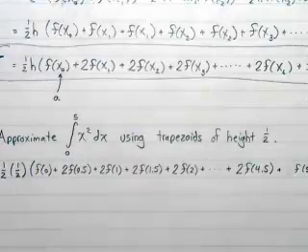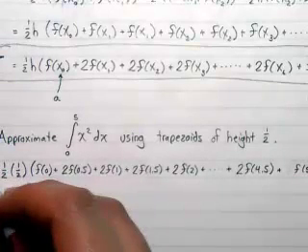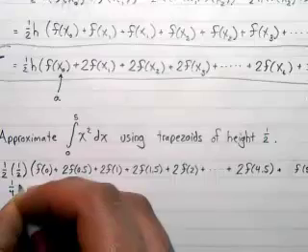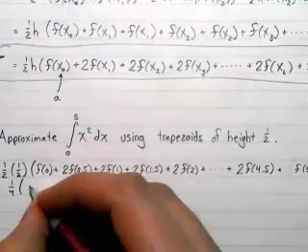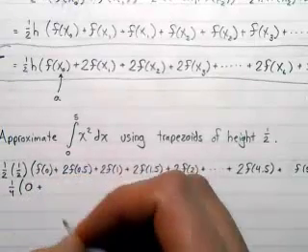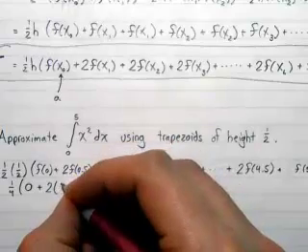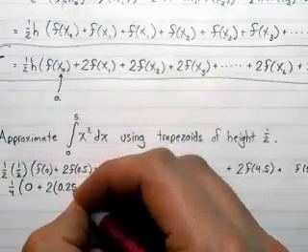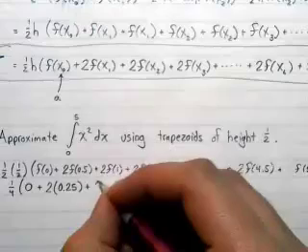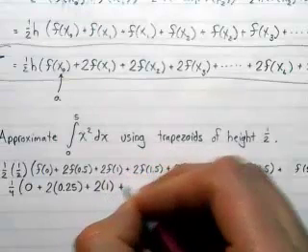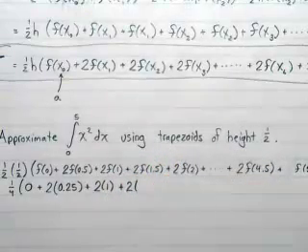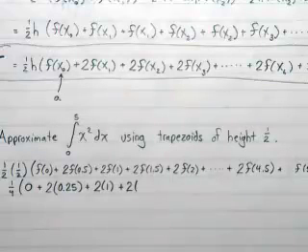Start evaluating x squared for these different values and just start plugging in there. So it's going to be 1/4 times f of 0, which is 0. F of 1/2 would be 0.25. F of 1 would be 1. 1.5, that's probably like 2.25 or something, I think.